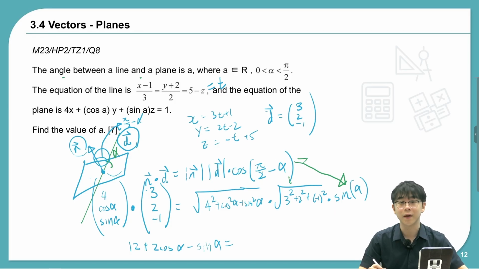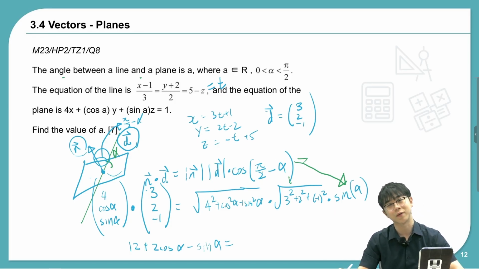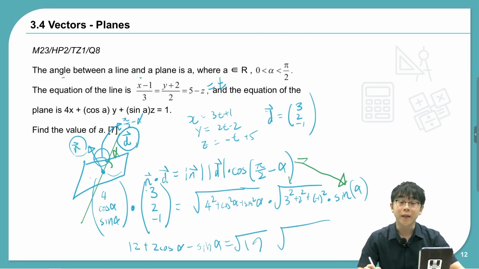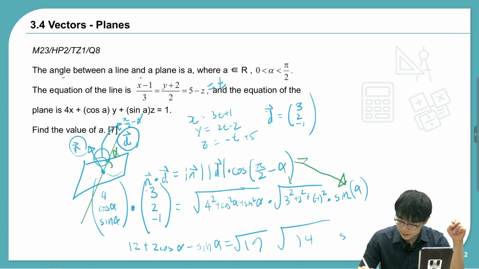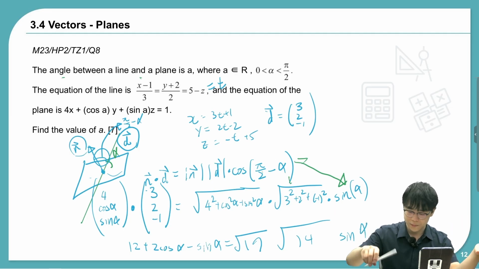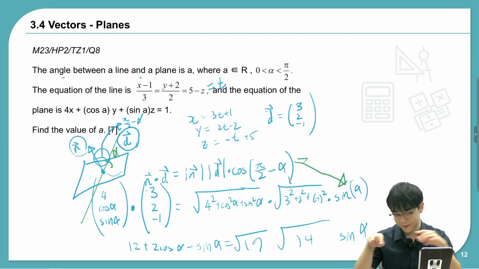On the right, we get 16 plus cosine squared plus sine squared, and by trig identities, we know that's going to be 1. So it's just going to be root 17. And then we get root 14, since 9 plus 4 plus 1 is 14. And then we get sine alpha. Okay, and you could do a bit more algebraic manipulation here, but I think this is good to go.